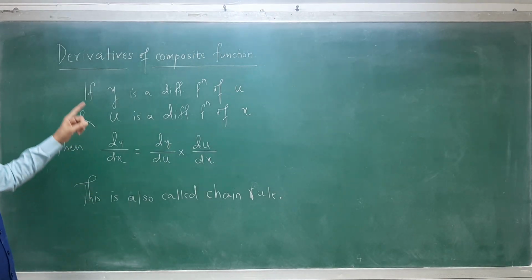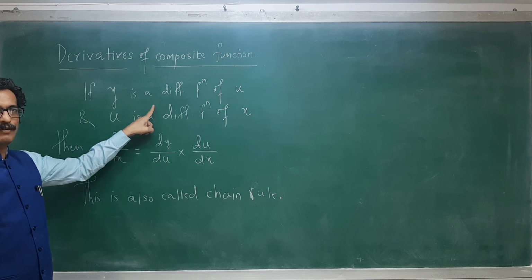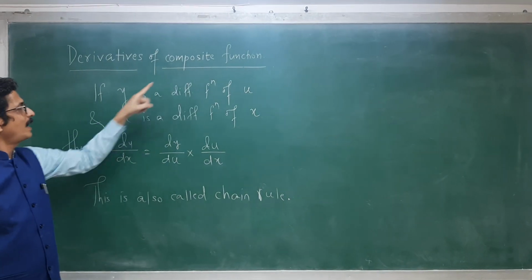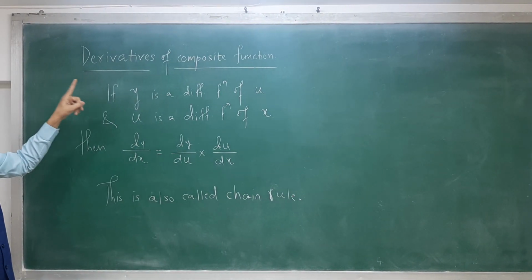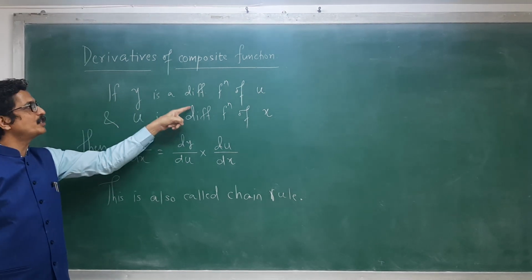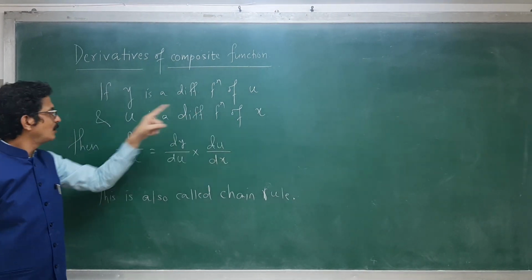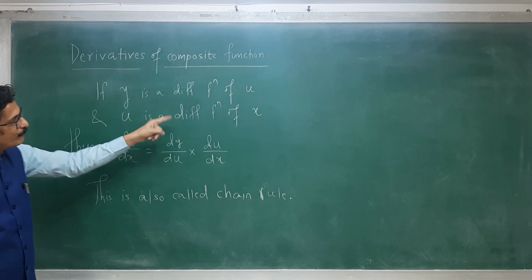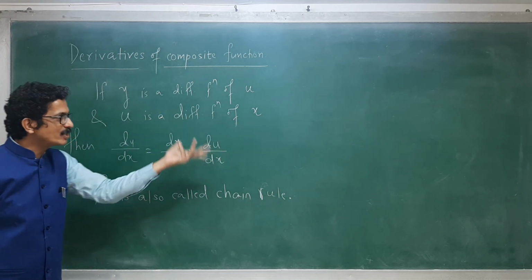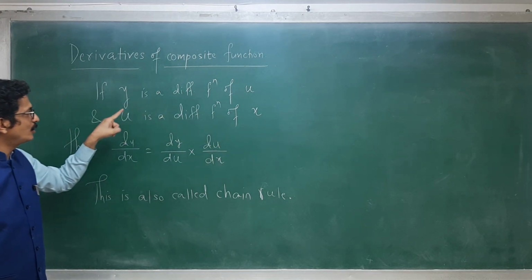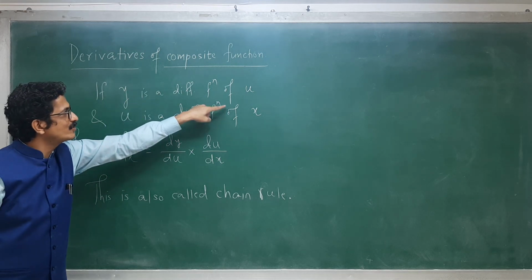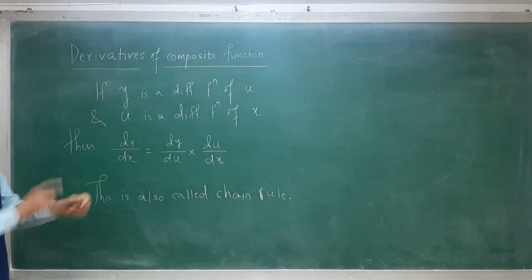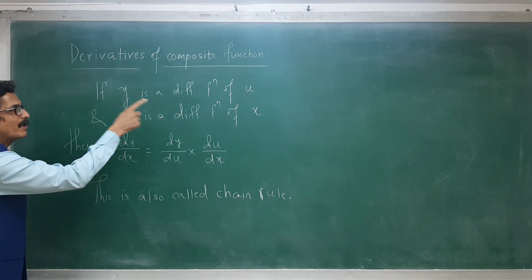So friends, we have a formula to differentiate a composite function. If y is a differentiable function of u and u is a differentiable function of x, what does it mean? When x changes, u changes, and when u changes, y has to change. So y depends on u and u depends on x.